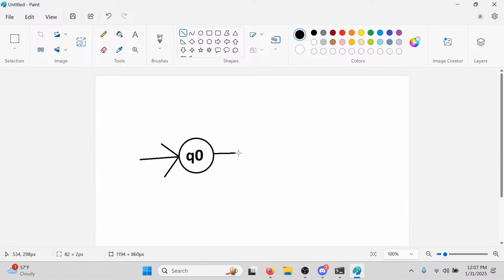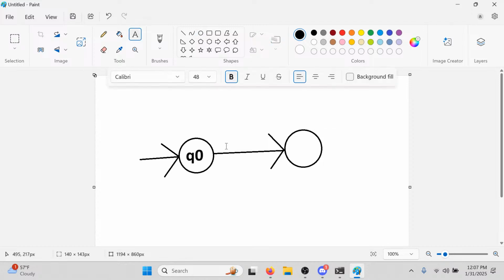So I'm going to have an edge labeled 0. And it's going to go to some node. If I see only 0, I should accept or return true.